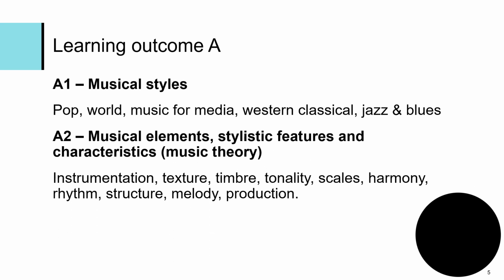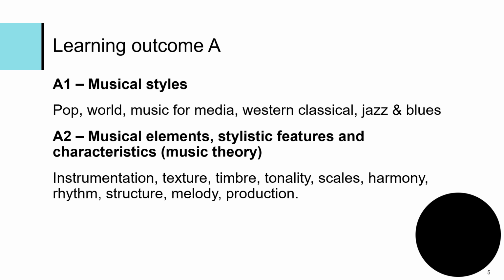Learners then must understand the stylistic features of the styles that they're looking at, the musical elements, what we might call the music theory, where they look at the elements of music which they will have looked at in Key Stage 3: instrumentation, texture, timbre, structure, melody, and so on.